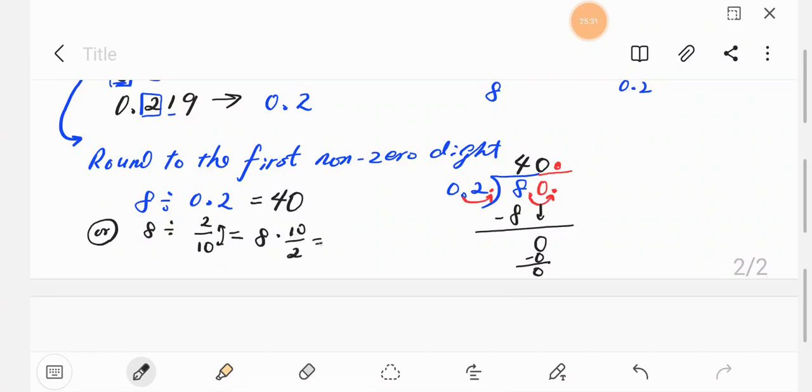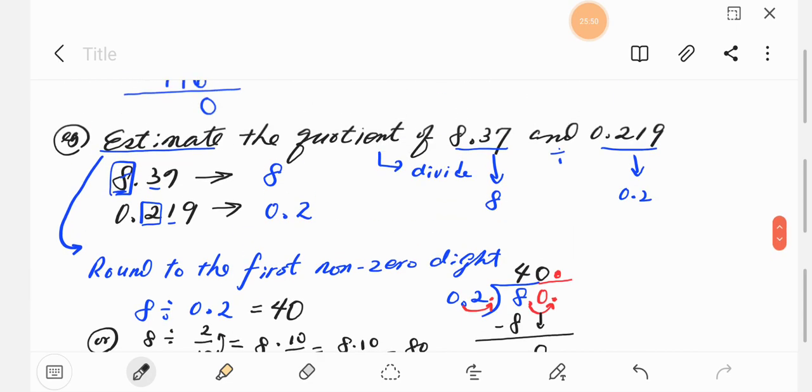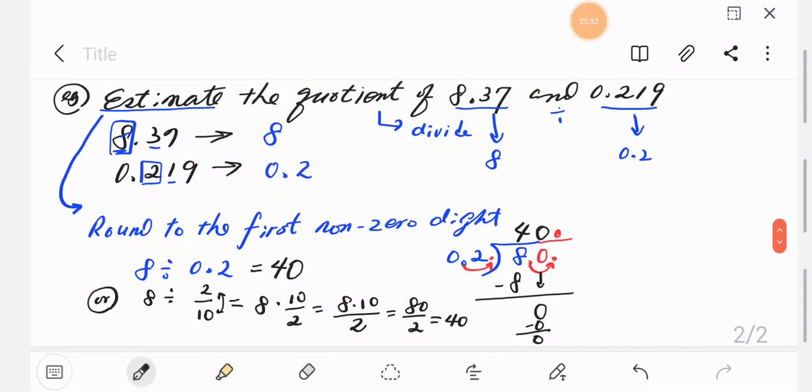Then this one is the same as 8 times 10 over 2. Then from here you can reduce first, or you can do 80 over 2, which is 40. Either way is fine. So when you estimate a number, what do you do?